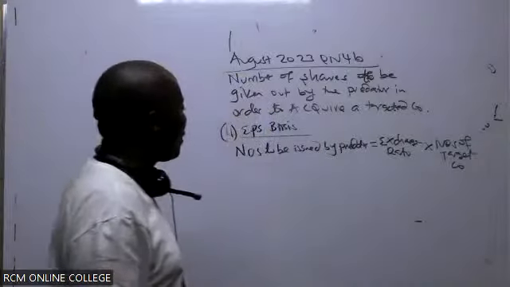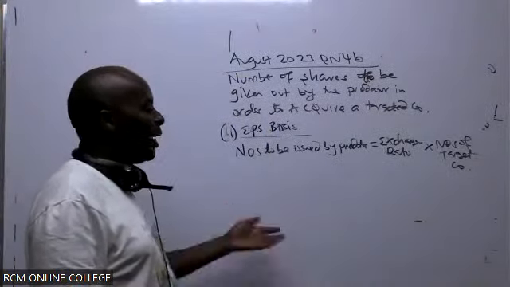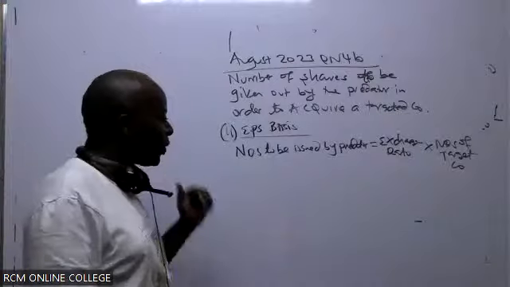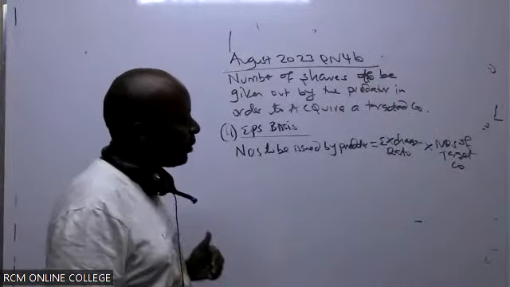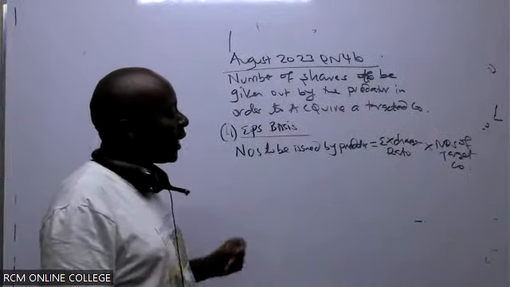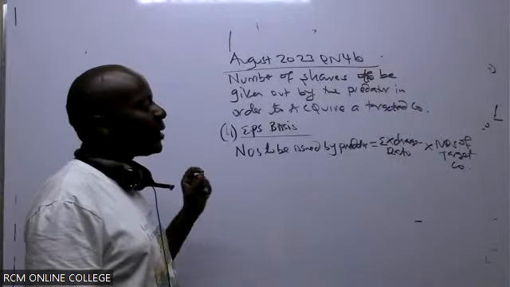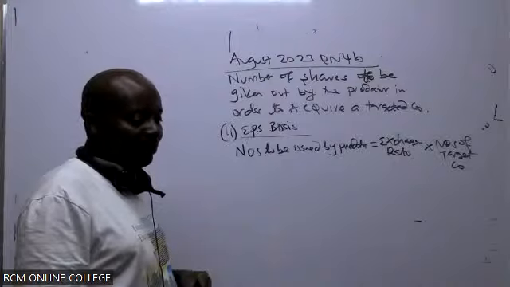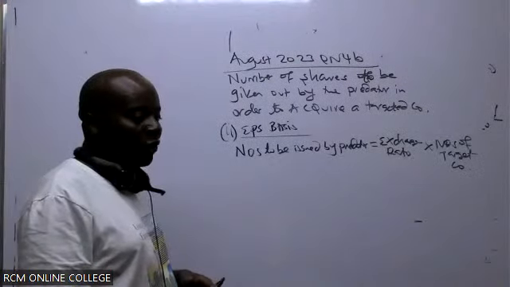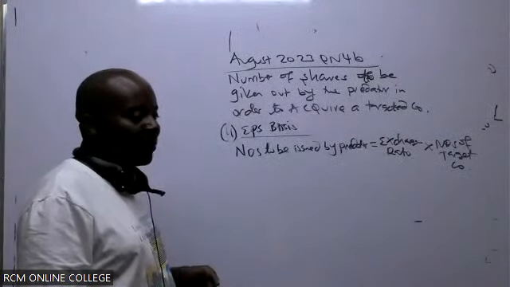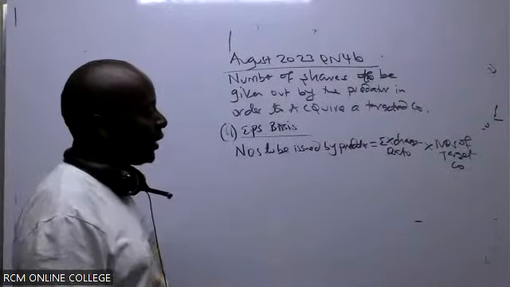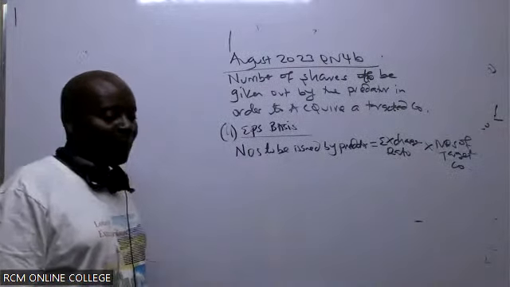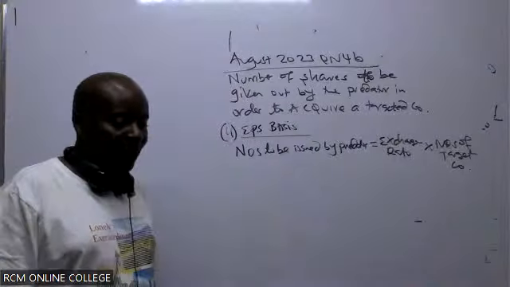Anytime they want us to give them the number of shares of the predator, it stands for number of shares to be issued out by the predator. Always take the exchange ratio times number of ordinary shares of the targeted company.